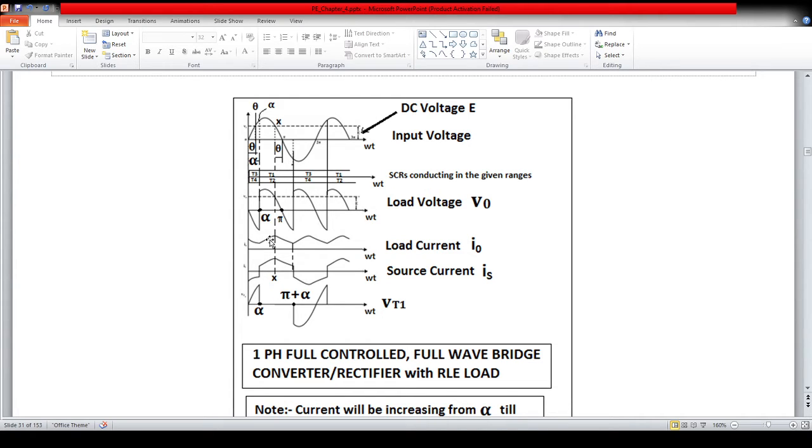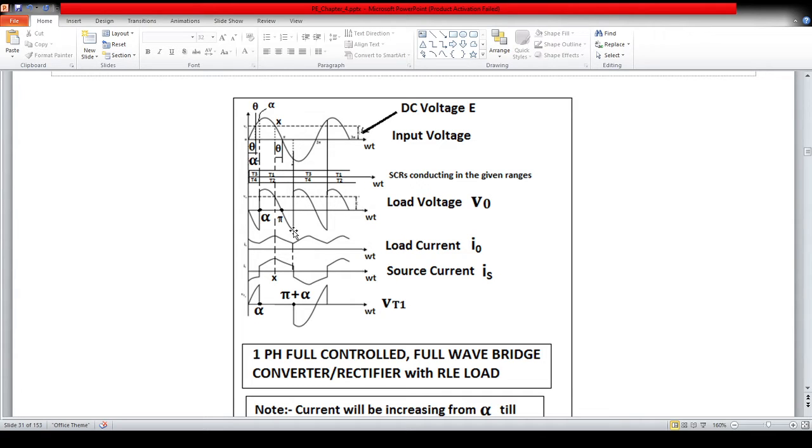You can see here. After that, load current decreases. But due to inductance effect, even though supply voltage becomes zero, the load current will continue to flow, and hence for that duration output voltage will be negative, obviously.